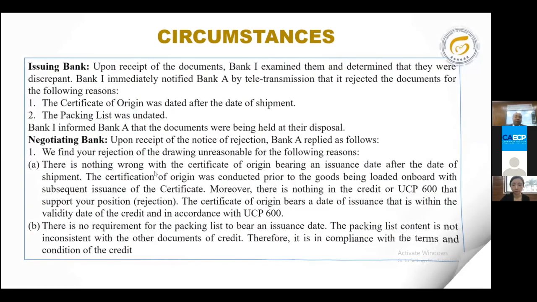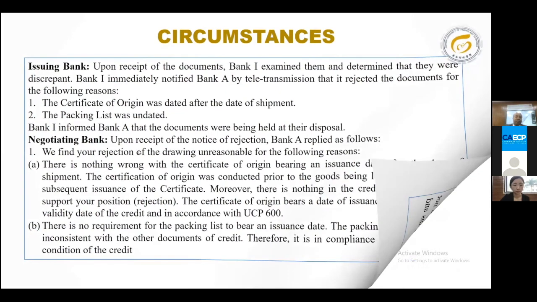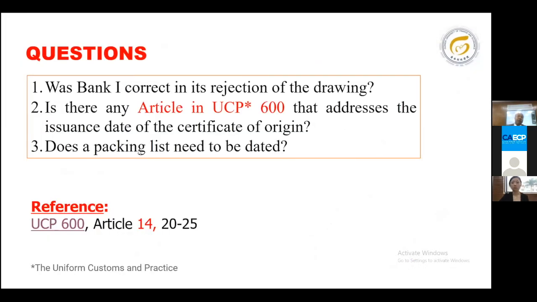The questions we might ask corresponding to these answers are: was Bank One correct in its rejection of drawing? Is there any article in UCP 600 that addresses the issuance date of the certificate of origin? And the last question is, does the packing list need to be dated?